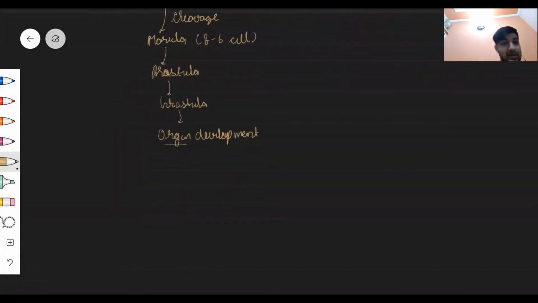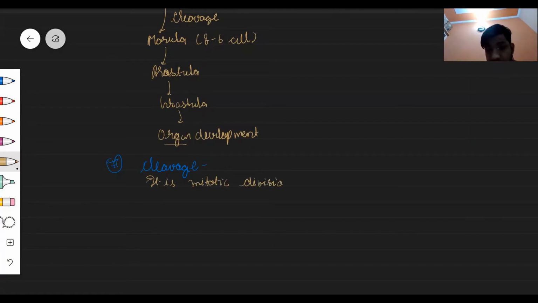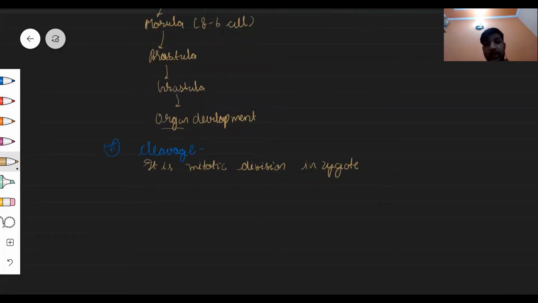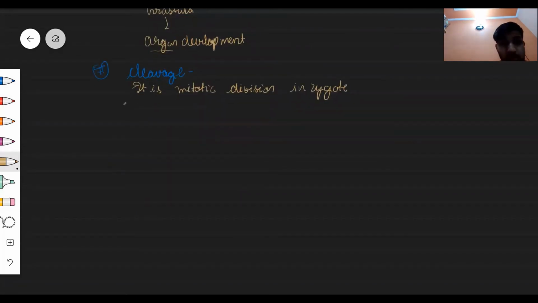So what is the cleavage? Cleavage is mitotic division in the zygote.